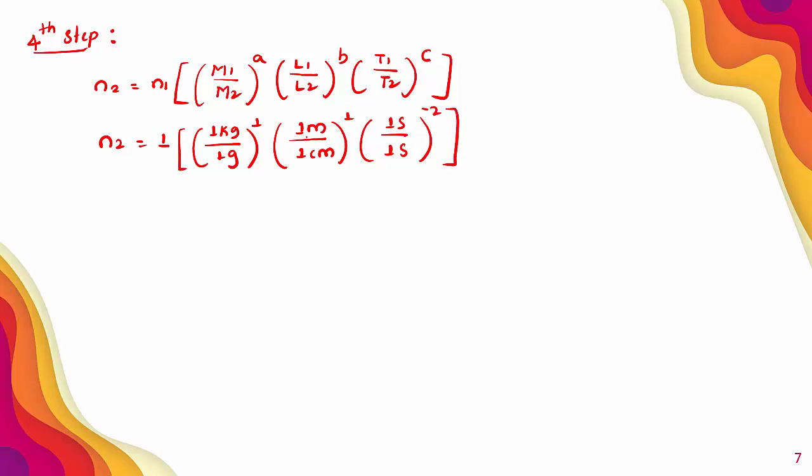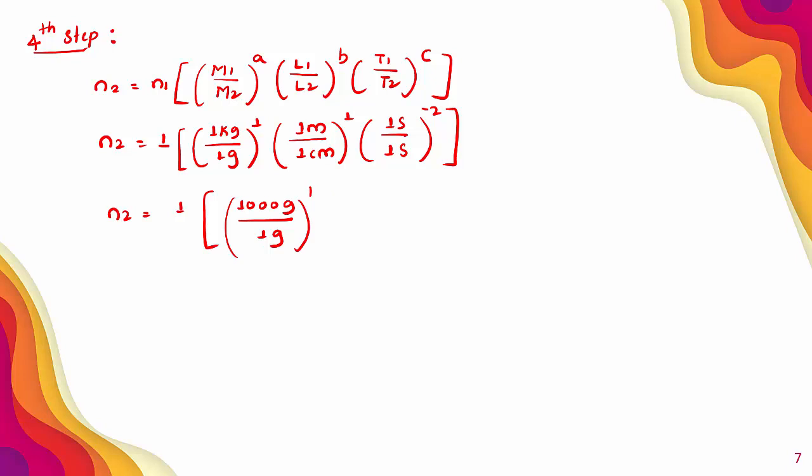Now we have to solve this equation to get the value of N2. N2 is equal to 1, keep as it is. 1 kg divided by 1 gram. So 1 kg equal to how many grams? 1000 grams. Here I am going to write 1000 gram divided by 1 gram raised to 1.